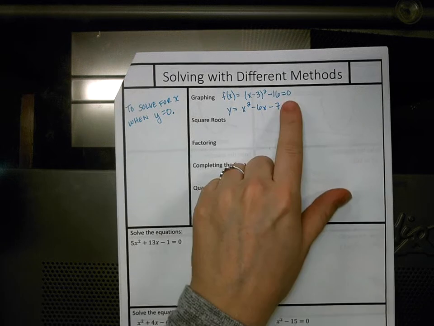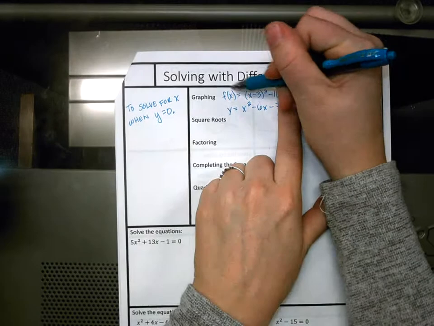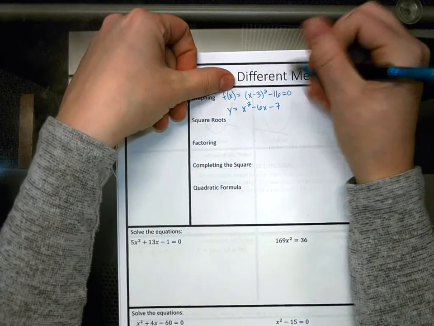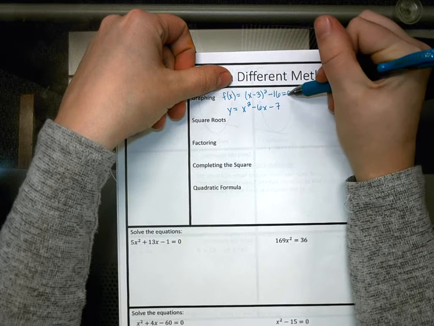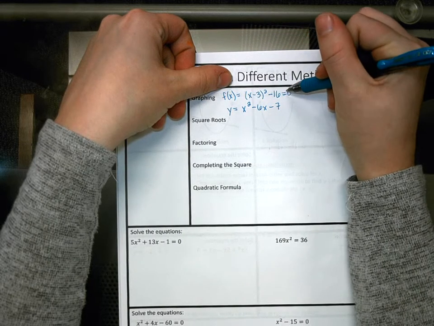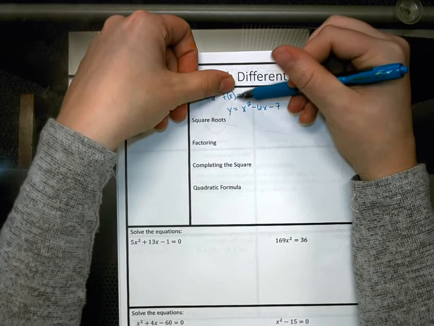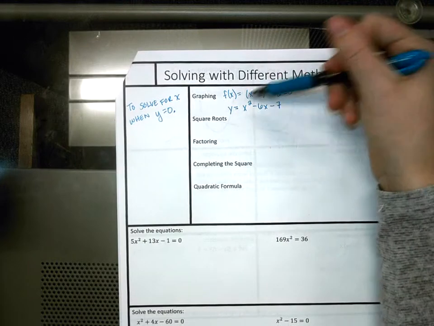And sorry, we would plug in the 0 for y, so that should actually be over here. But I want to know what my x value is when my y is equal to 0. So all I do is plug in 0 and then start solving. You could do this either way.